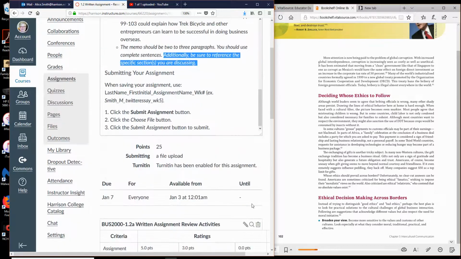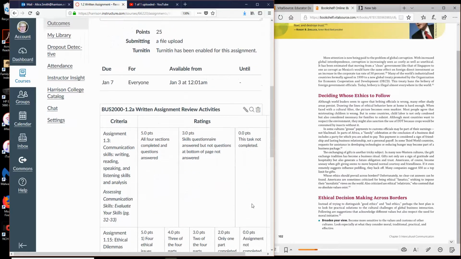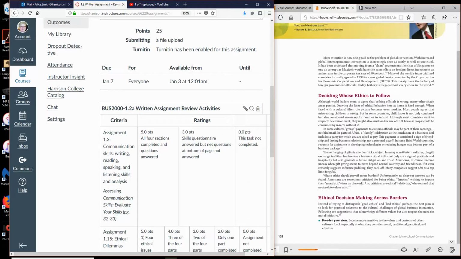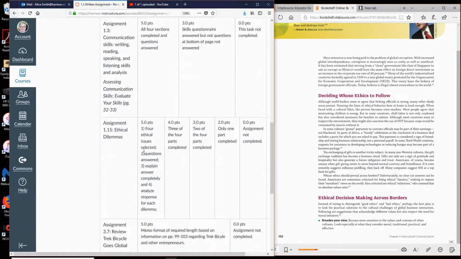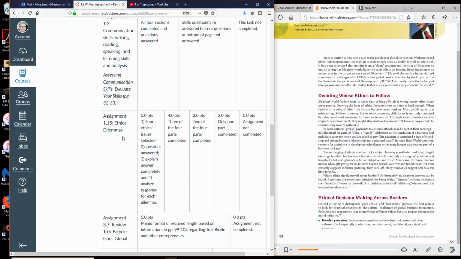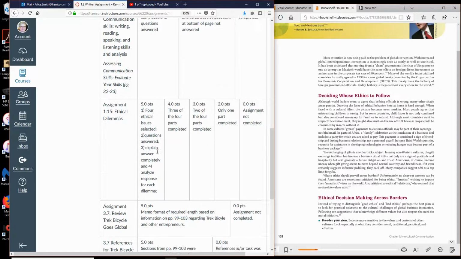Then what you need to do is grade yourself. This is a rubric. This is what I use to grade you. You have it for every assignment. All 4 sections completed and questions answered. Okay, that's assignment 1.3. So remember, there's 4 things you have to choose. Ethical dilemmas, section 1.15, 4 ethical issues selected, questions answered.